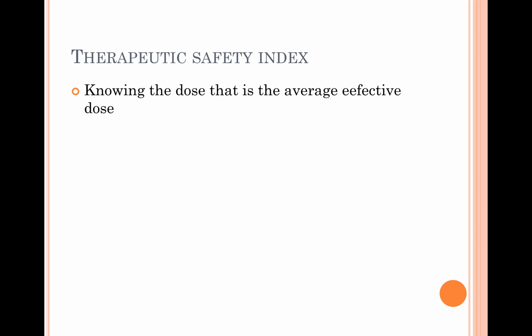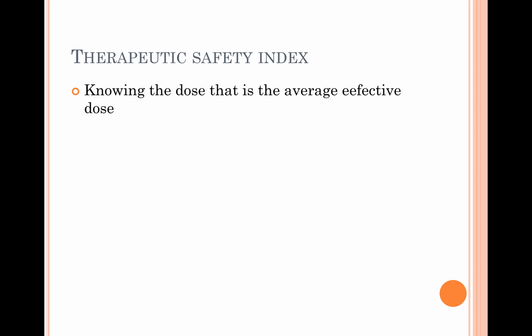Think about a lethal dose of a drug that is 100 milligrams. Think of a dose of that same drug that is therapeutic, maybe 10 milligrams. So if we divide 100 milligrams by 10 milligrams, we get the factor of 10, the therapeutic safety index of 10.